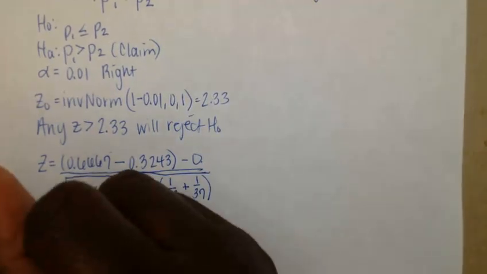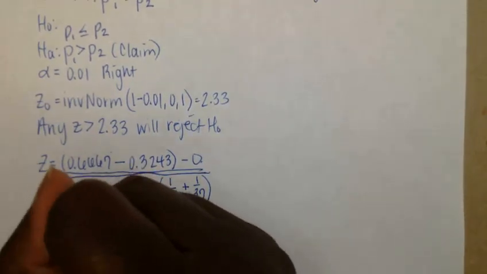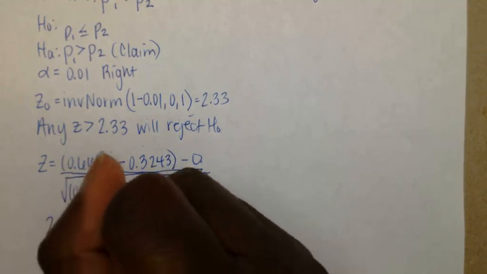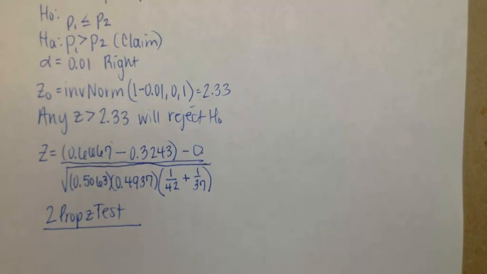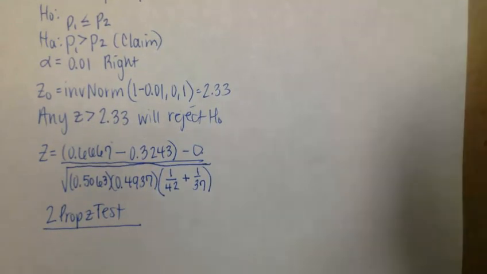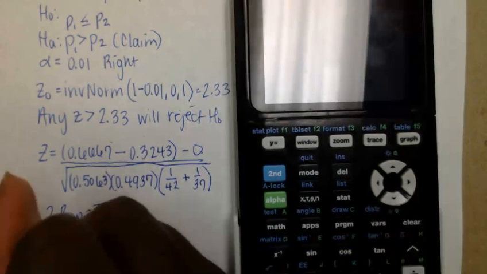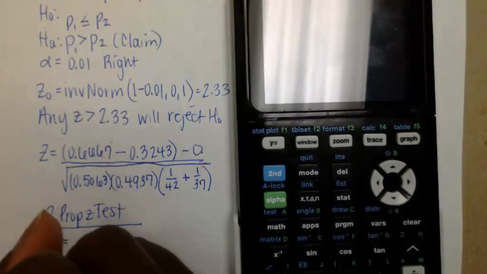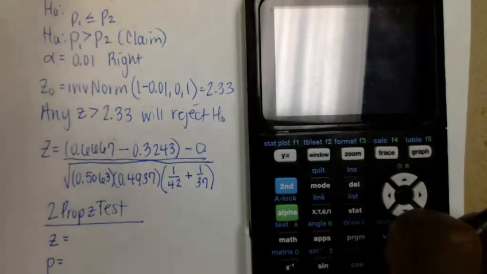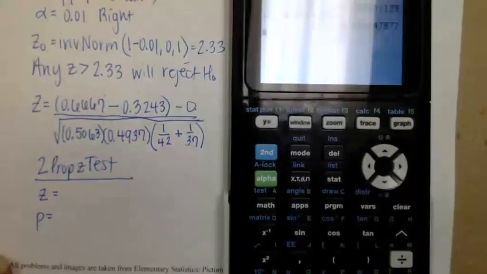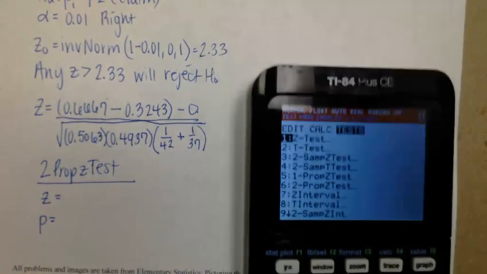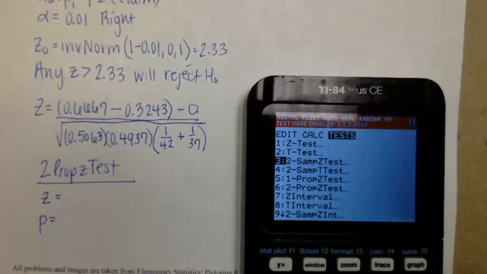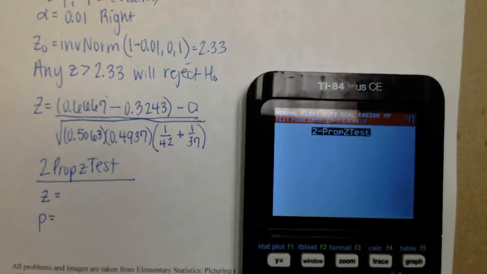I'm going to use my 2-prop z-test to get my numbers, my z and my p, my standardized test statistic and my p-value. So I'm going to stat, test, 2-prop z-test.